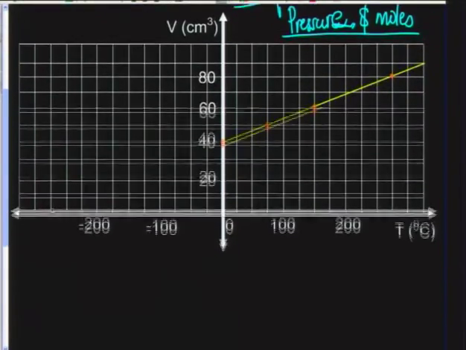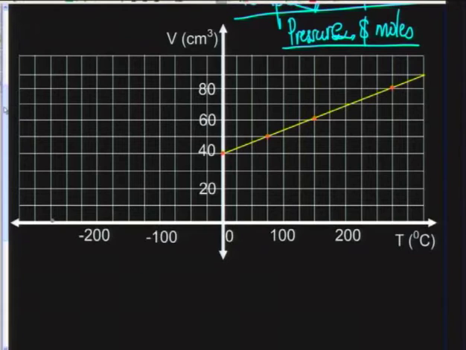Now Charles found out that at a temperature of 0 degrees Celsius, already a gas is occupying some volume. Now the big question was, can we get a situation where a gas occupies no volume? And remember, go back to what John was talking to you about last week in terms of the ideal gases.